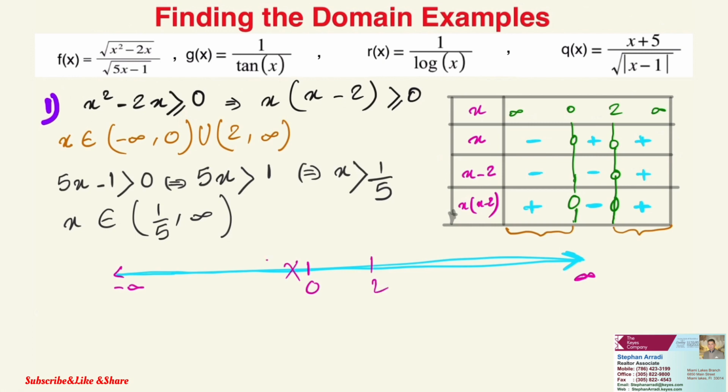So the part where the function is defined for the first one is here. For the second one, we change the color. It has to be bigger than 1 over 5. So from 1 over 5 it goes to here. This is not included.